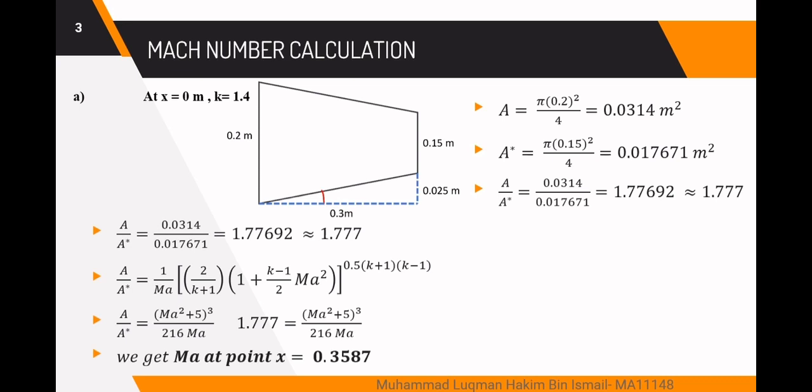And then we also find the area at the throat, substitute the diameter at the throat, we get the area at the throat, and we find the ratio of the area at 1.777. After that, we can use the formula of area ratio by substituting the calculated area ratio and the value of k. We simplify the equation, and then we get Mach number at point x equal to 0.3587.